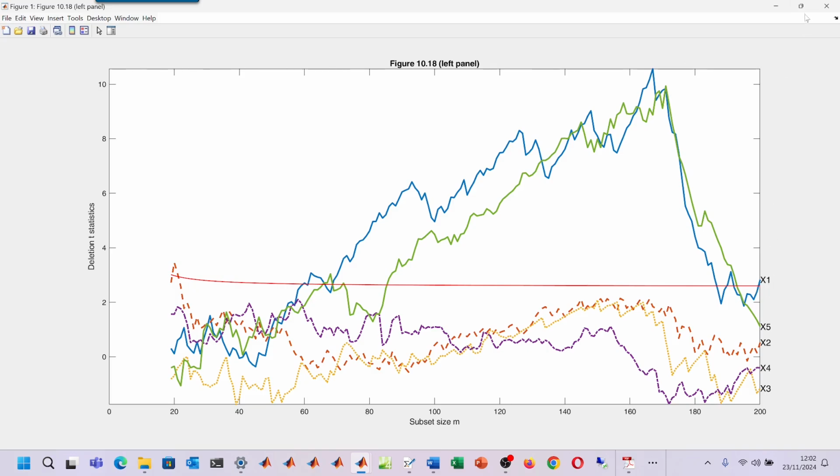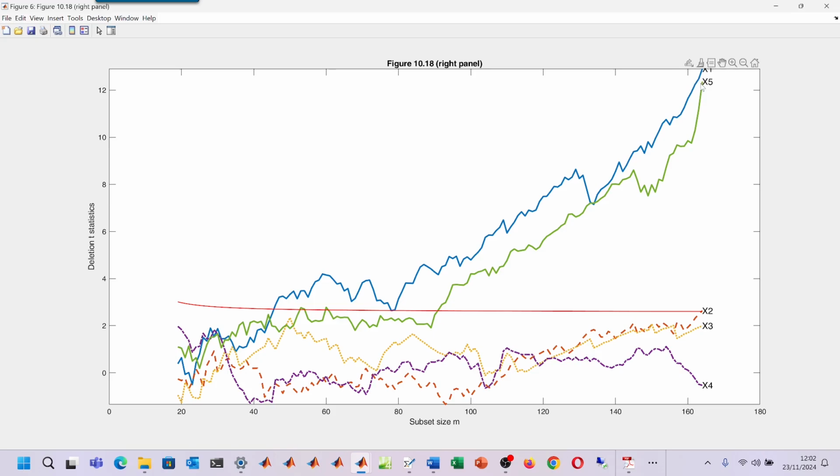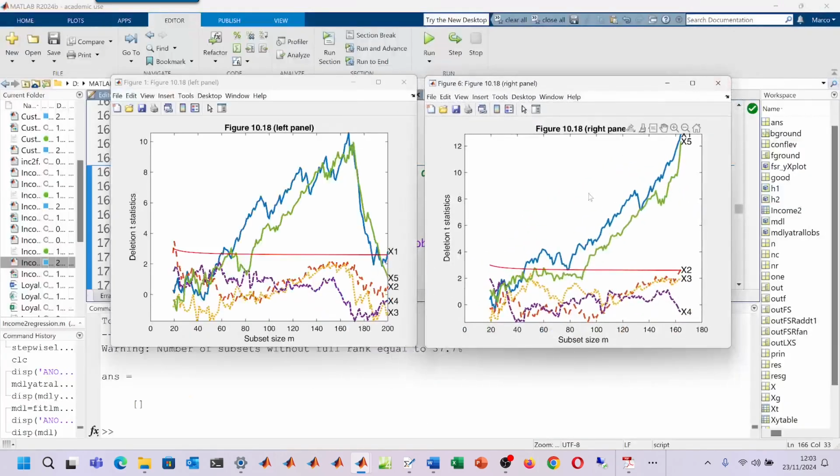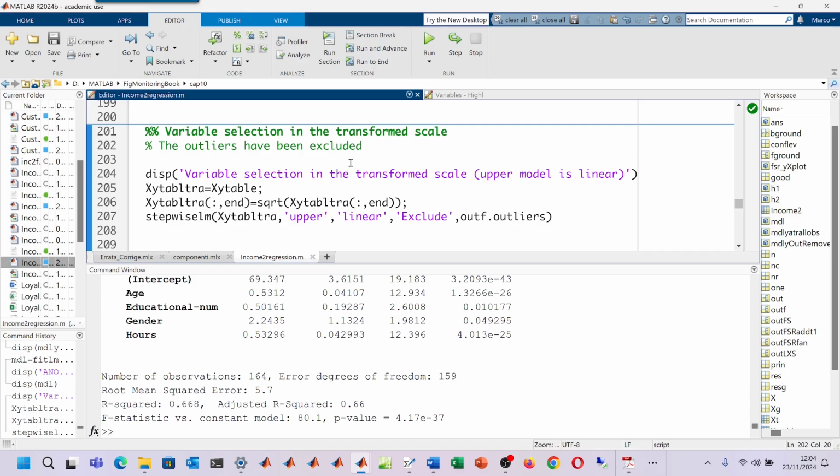Whereas when we go to the right-hand panel, you can see that the trajectories for x1 and x5 increase steadily, but the other three variables just remain within the confidence band. The value of x2 is at the end very close to the rejection region.